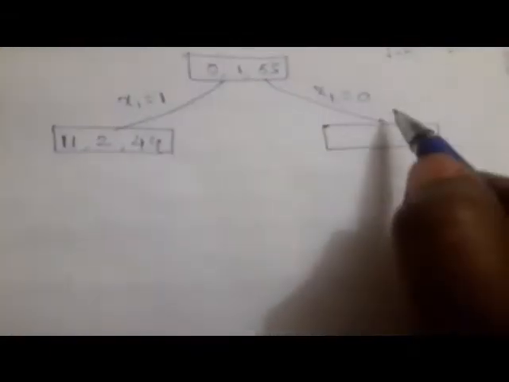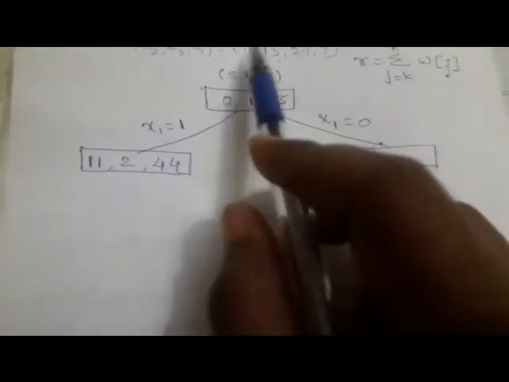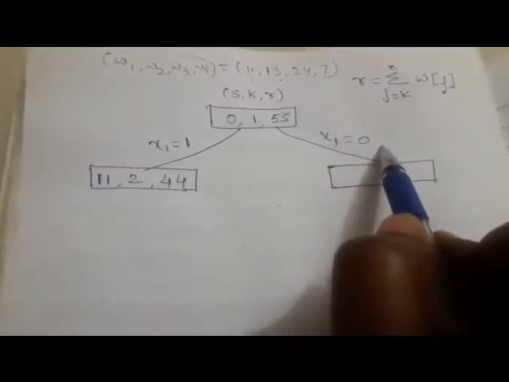Now the same here for the values of S, K, R. The first weight is not selected, so this edge is x1 equal to 0.